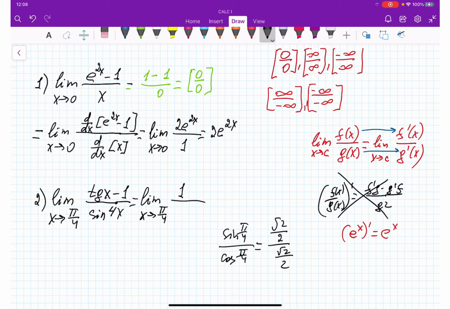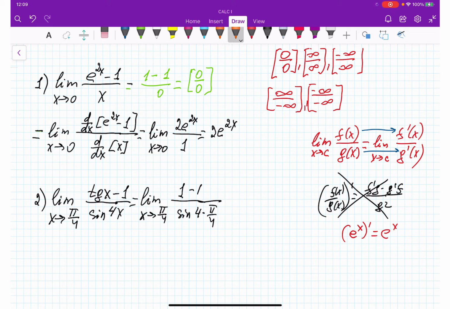And that's where tangent 45 equals 1 is coming from, okay? Therefore, it's going to be 1 minus 1, and sine of 4 times pi over 4. So the 4 and 4 are gone, and sine pi is how much? 0. We get a 0 over 0 combination.